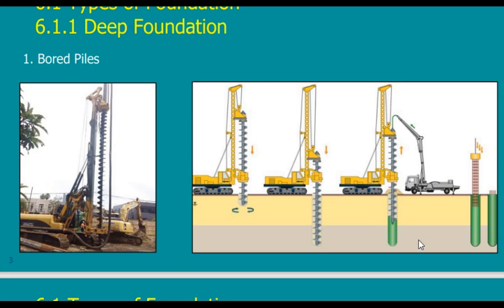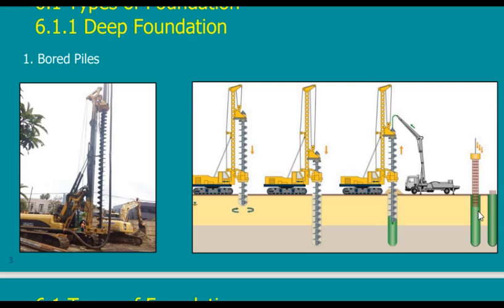But the differences will be in when to put the reinforcement. In some methods I can put it at the start, and this is very good. In other methods, like this one in this photo, I cannot do this, because I need to pour the concrete first to keep the hole open, and then insert the reinforcement cage.